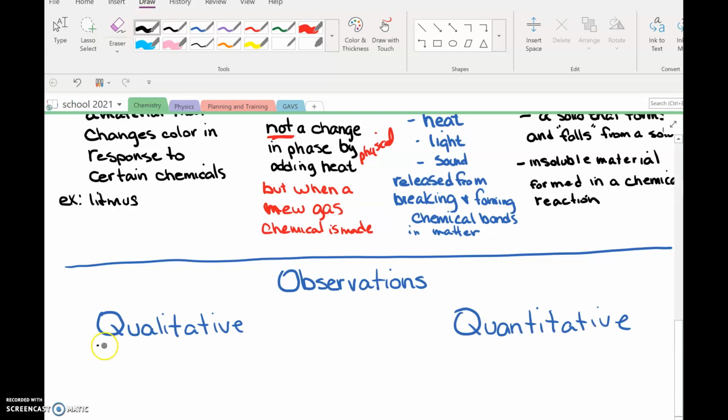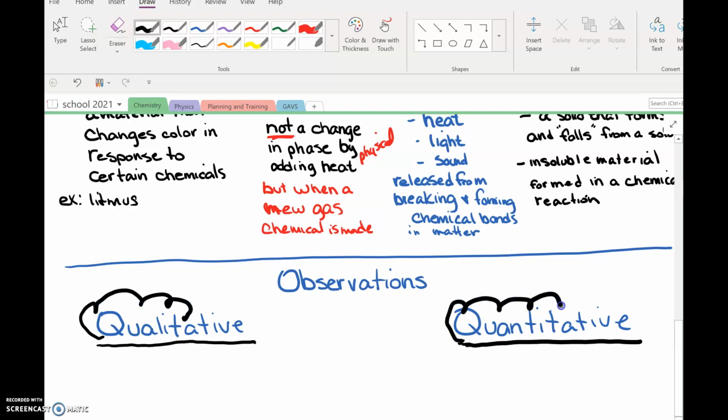Most all of the observations that you are making in those demonstrations are known as qualitative observations. We could also make quantitative observations. Look at the roots of both of these. This one has quality and this one has quantity as their root. So we have the measurements, which we did not make.